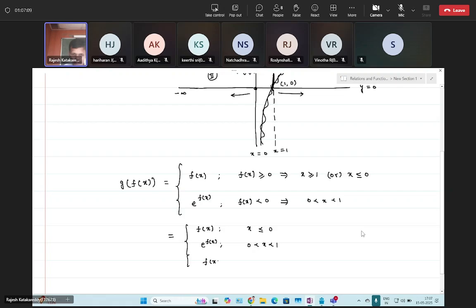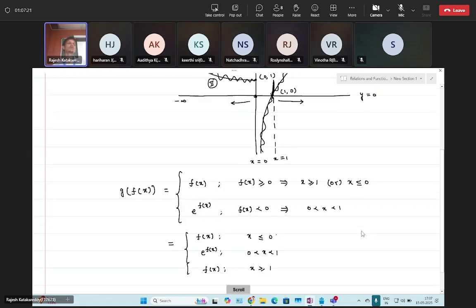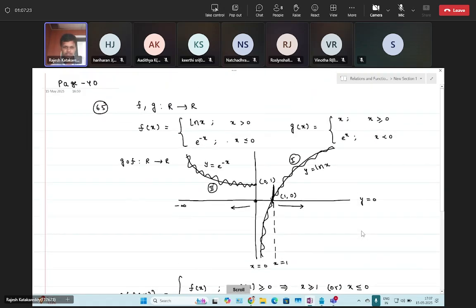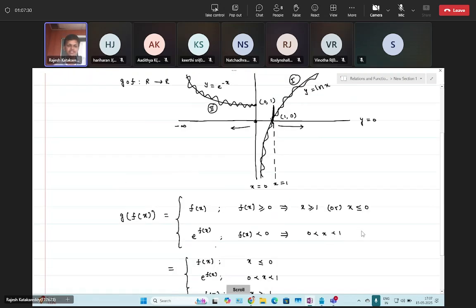F of x when x greater than or equal to 1. So I wrote in ascending order: minus infinity to 0, 0 to 1, 1 to infinity. Now when x is less than 0, go to the definition of f of x. When x is less than 0, what is this? It is e power x. Write e power x in that.